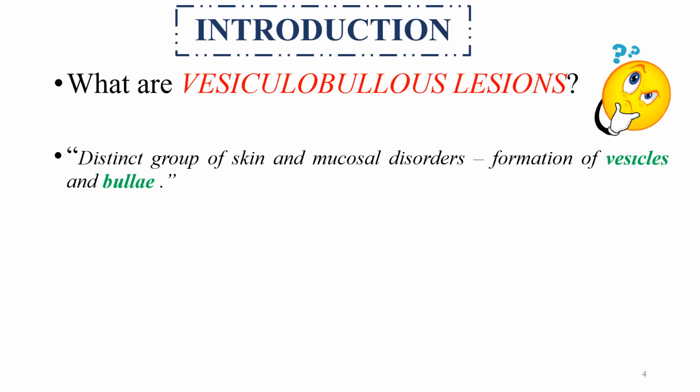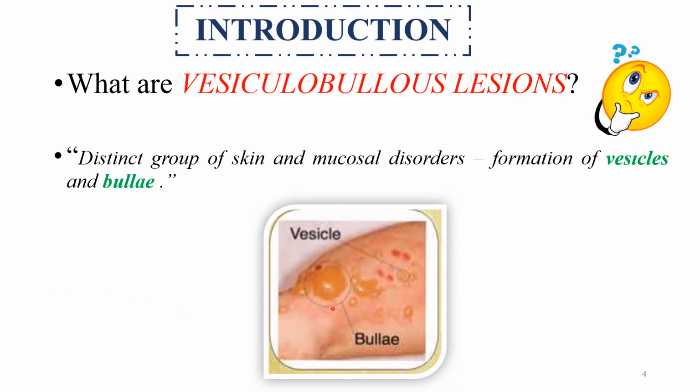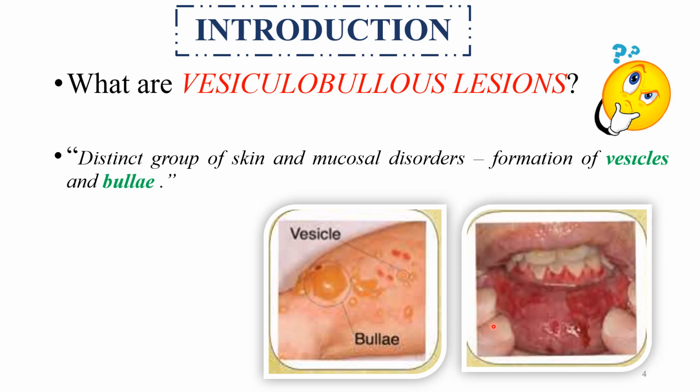A group of lesions characterized by formation of vesicle and bulla clinically are grouped under these vesiculobullous lesions. These lesions develop vesicles and bulla, which often rupture and result in formation of erosions and ulcers.